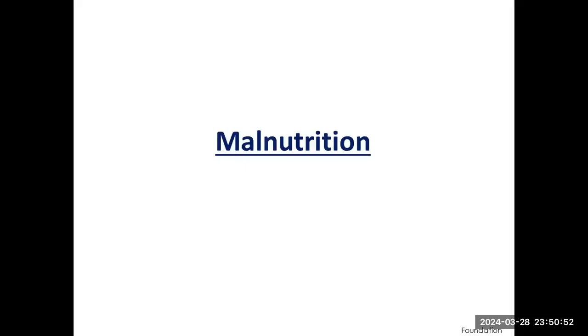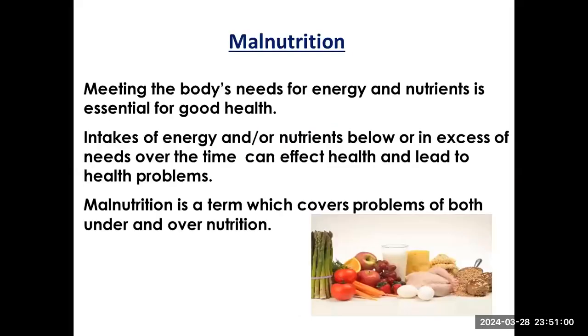Now, coming to malnutrition, another important factor of carbohydrates and the diet. What is malnutrition? Meeting the body's needs for energy and nutrients is essential for good health. In other words, a balanced diet is essential for good health.